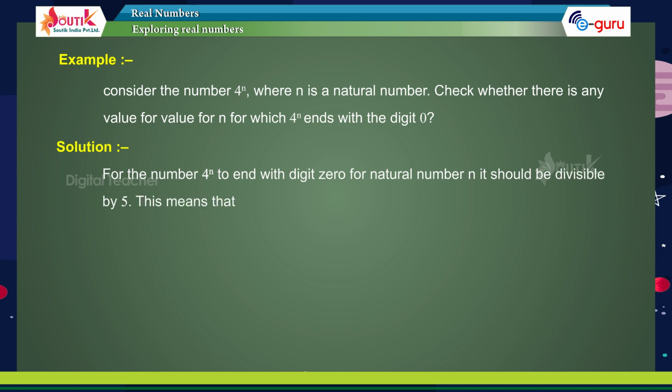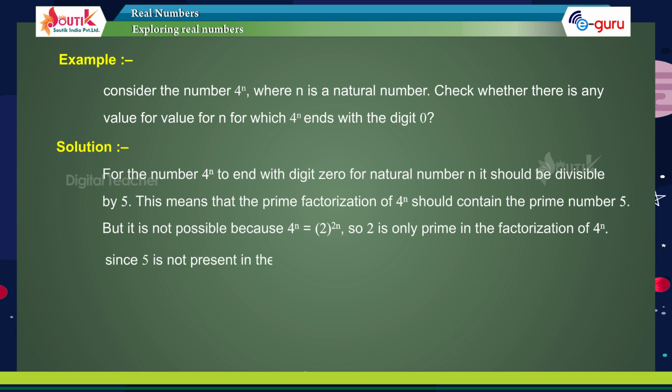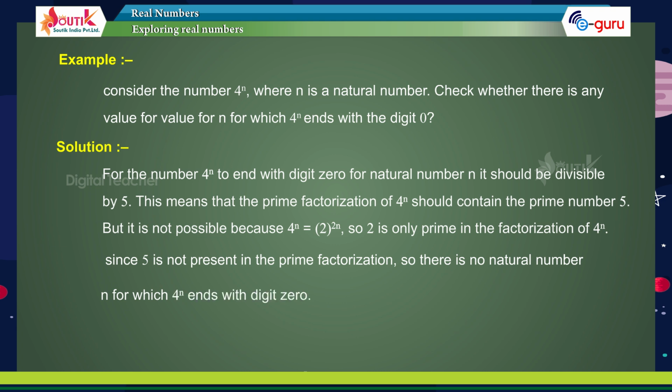This means that the prime factorization of 4 to the power of n should contain the prime number 5. But it is not possible because 4 to the power of n equals 2 to the power of 2n. So, 2 is the only prime in the factorization of 4 to the power of n. Since 5 is not present in the prime factorization, there is no natural number n for which 4 to the power of n ends with digit 0.